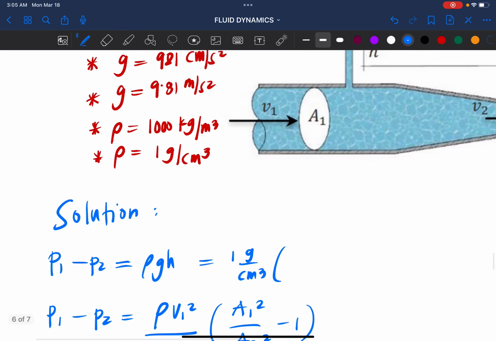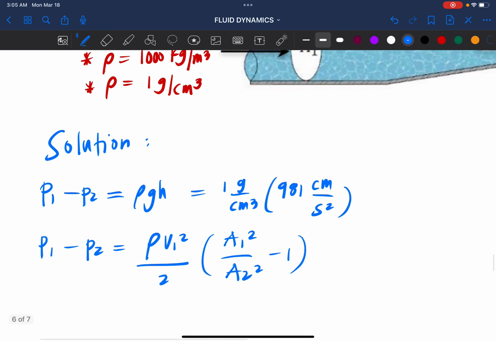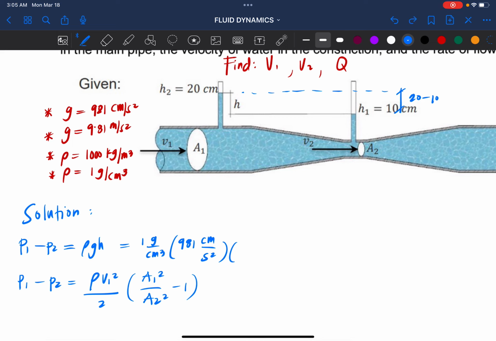That is 981 centimeter per second squared. So, kapag pinag-multiply nyo, kakalabasan yan, dynes. Times, yung height difference natin. So, this is 20 minus 10. So, paki-input sa calcul nyo class yan.